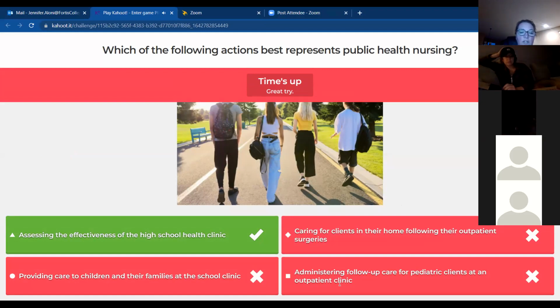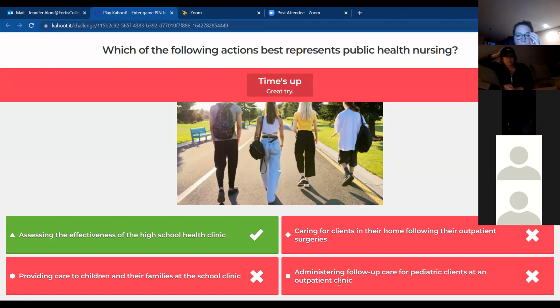Good. Why'd you pick red? Because you're looking at the overall community of the school, I guess.